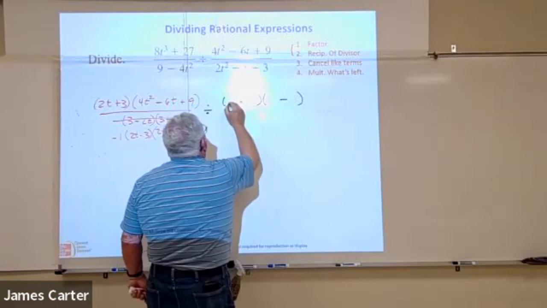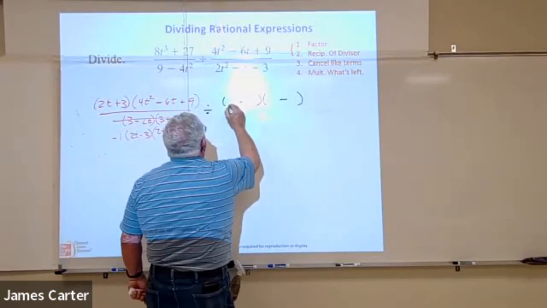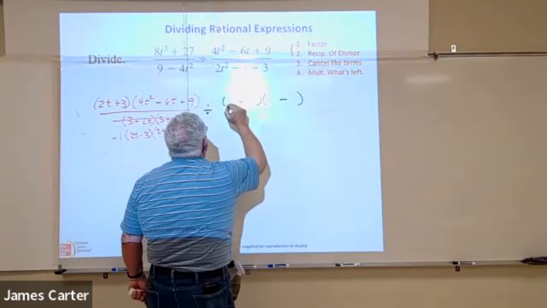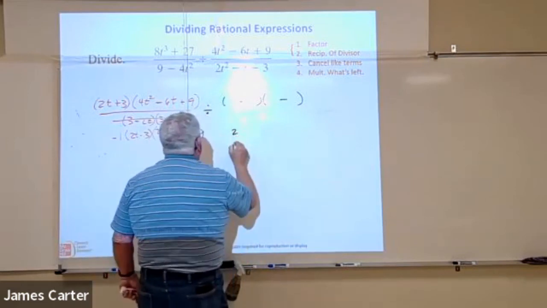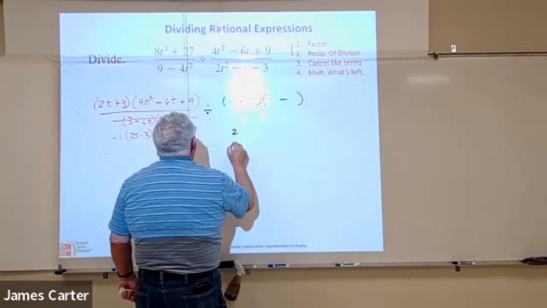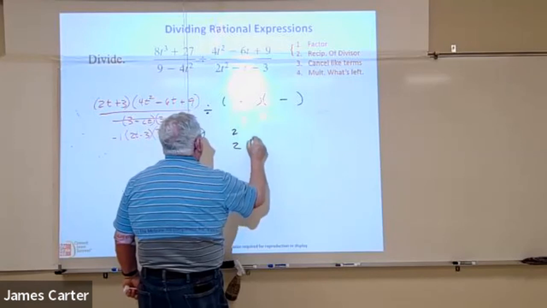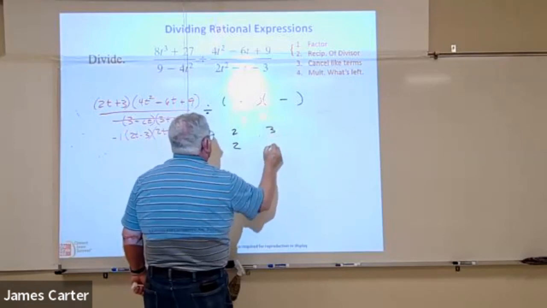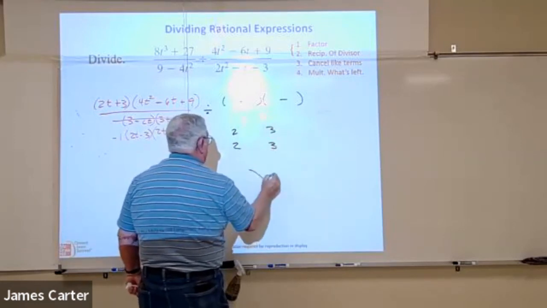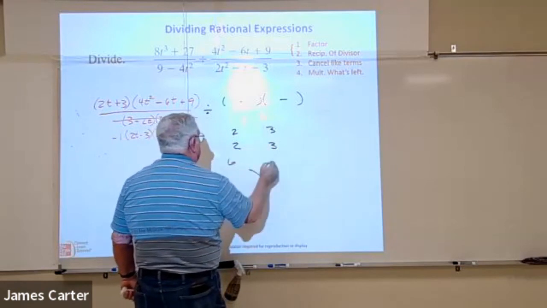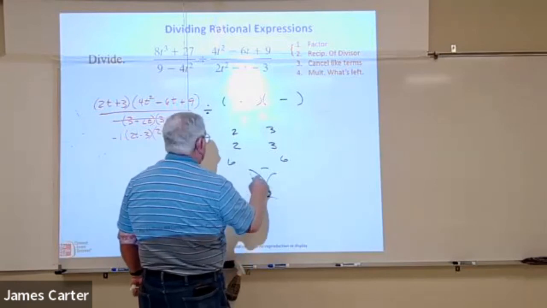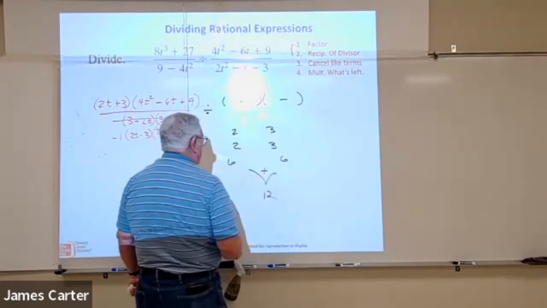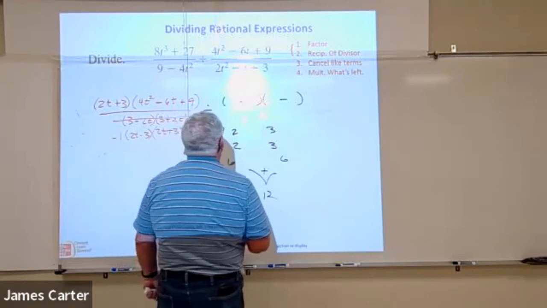So 2, 2, 6. Maybe not factor. 2, 2, 1, 2. Be careful. 2 and 2, and you're suggesting 3 and 3. Yeah, it's not great, which would give you 6, which would give you 12, because we're adding. So that's not a perfect square.